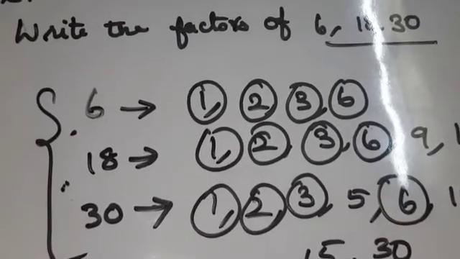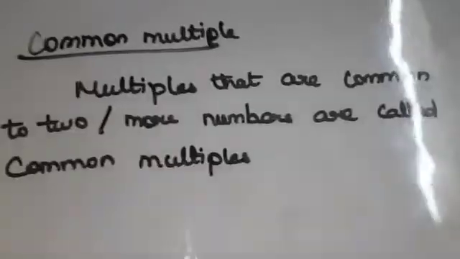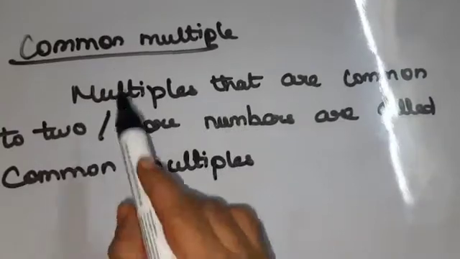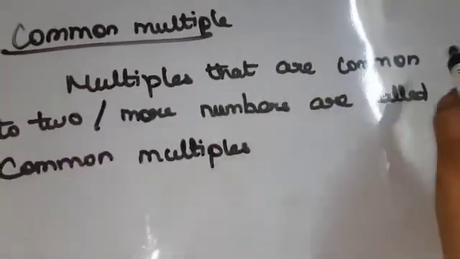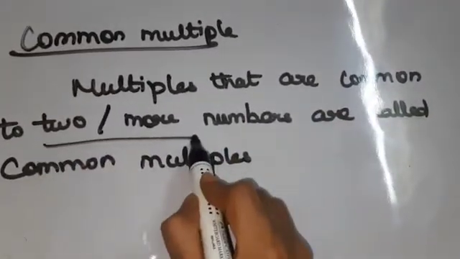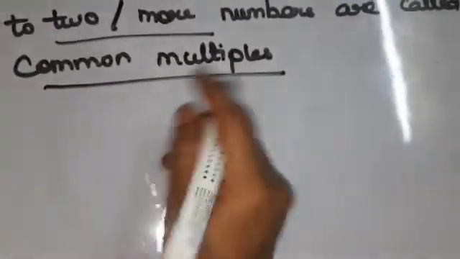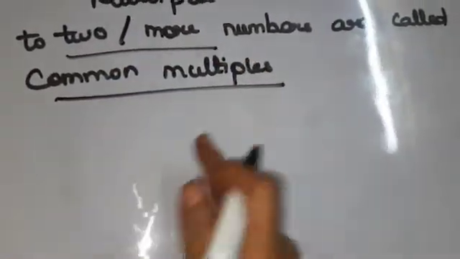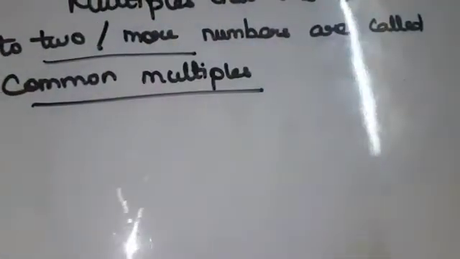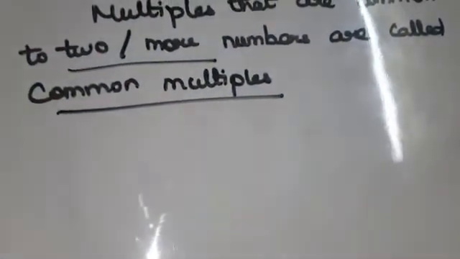Let's get to know what is meant by common multiple. Multiples that are common to two or more numbers are called common multiples. For example, there will be some common multiples for 2 and 4, 2 and 3, like that.